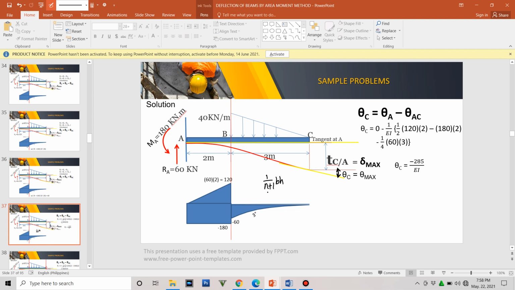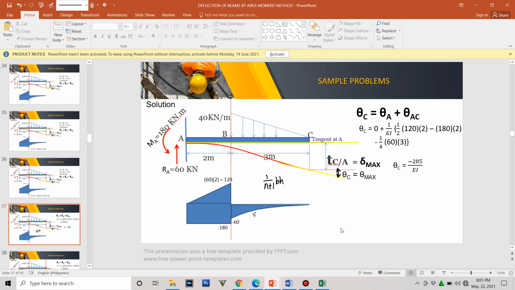So, this time, ang n natin is 3. Kaya naging 1/4 base times height. Okay? So, computing, we have theta C will now be equal to negative 285 all over EI.